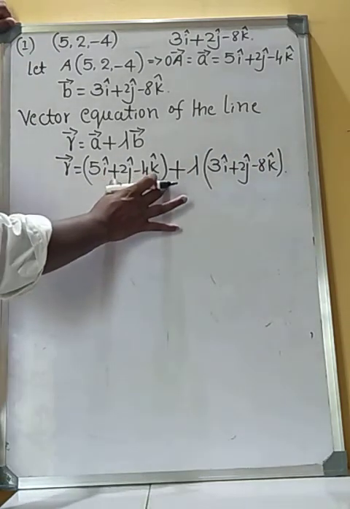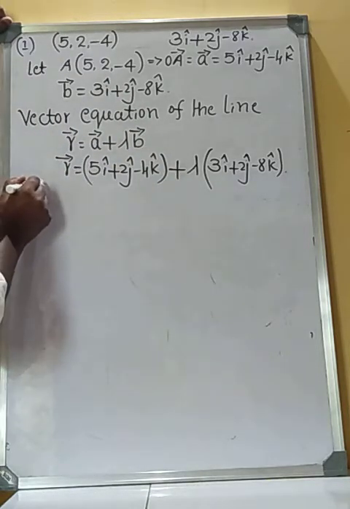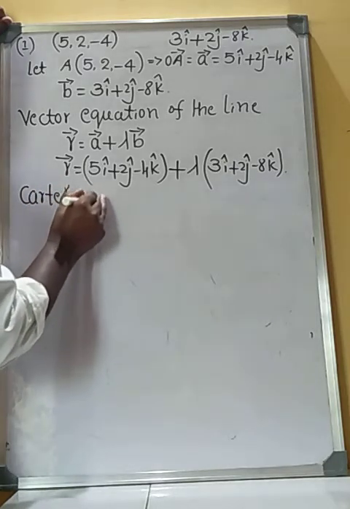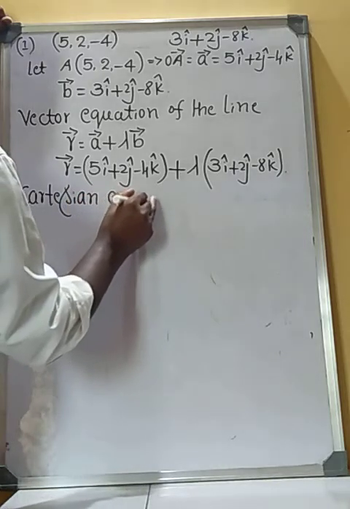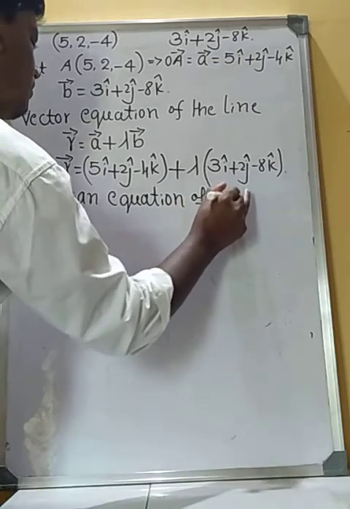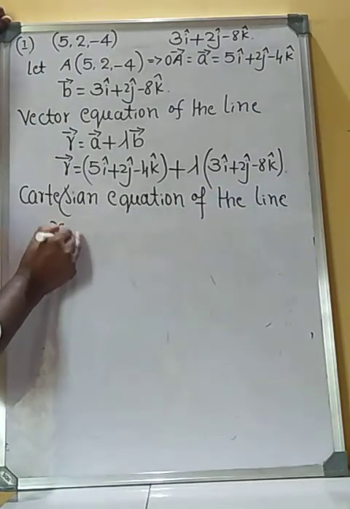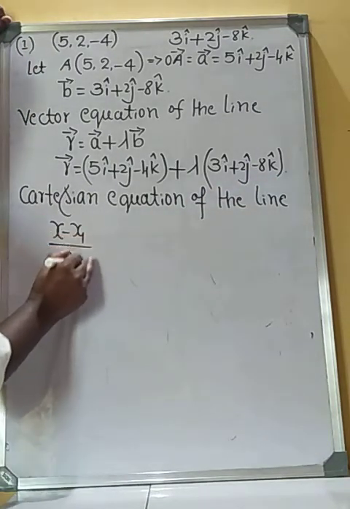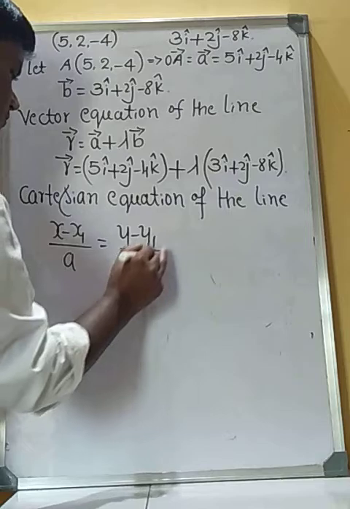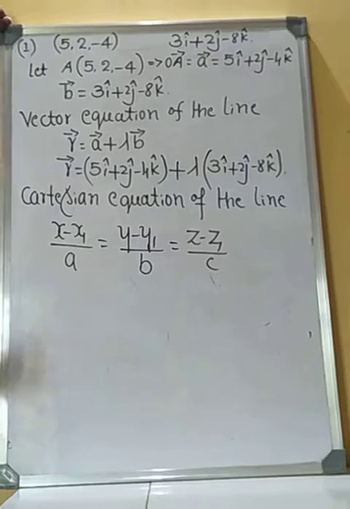This is the vector equation of a line, and this is the Cartesian form of the equation of the line, that is (x minus x1) by a equals (y minus y1) by b equals (z minus z1) by c.